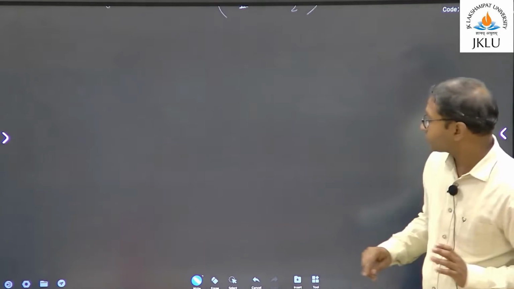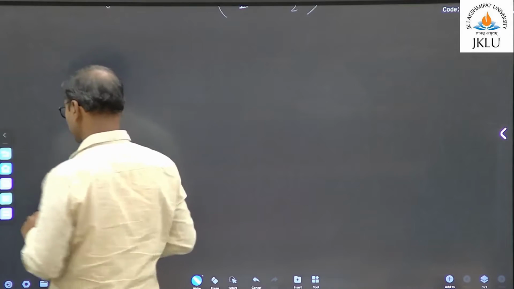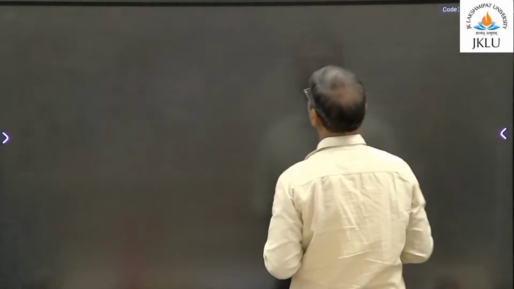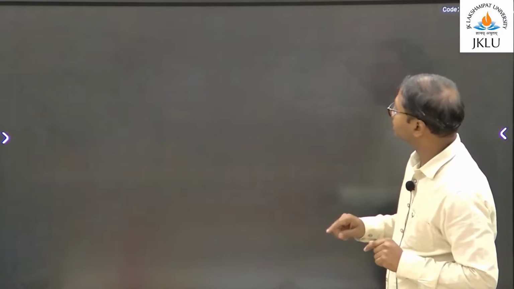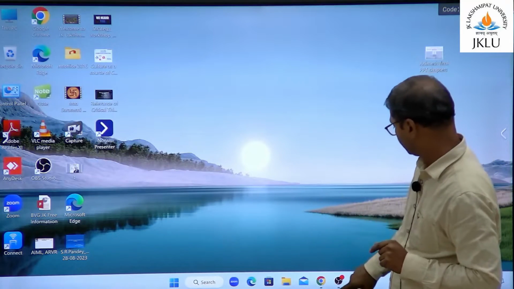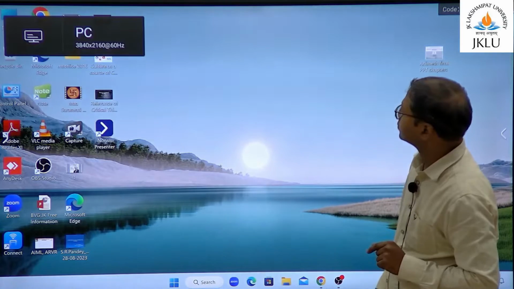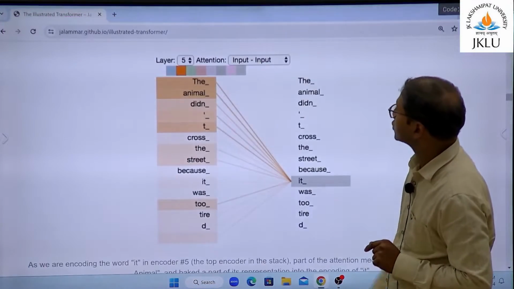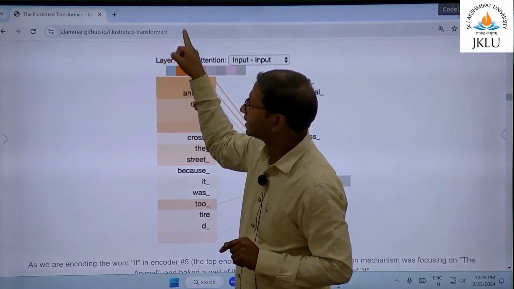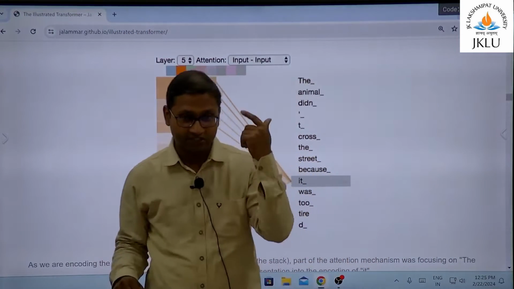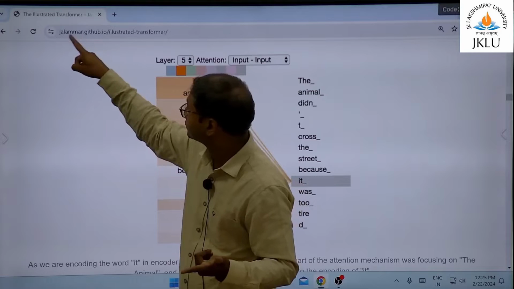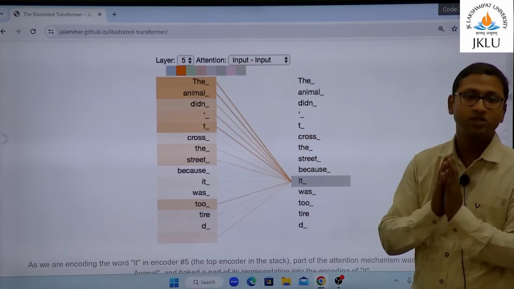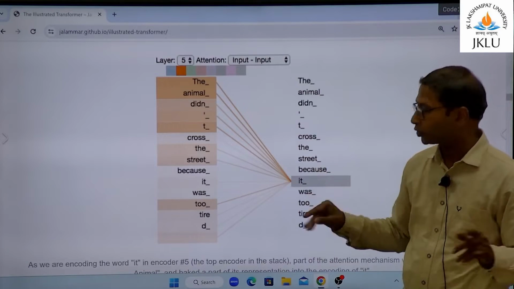See, let me first talk about, so if you go and search the illustrated transformer or JLMR, okay, you'll come across this blog post. This is probably the most famous blog post on transformers.